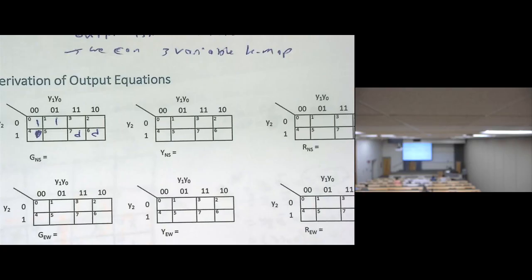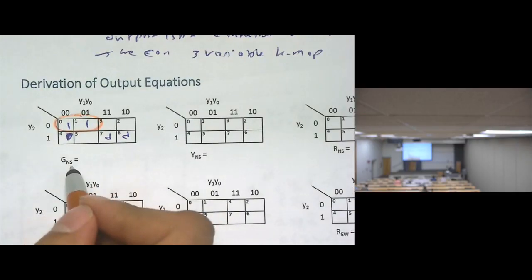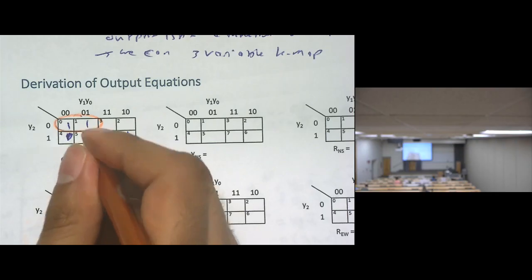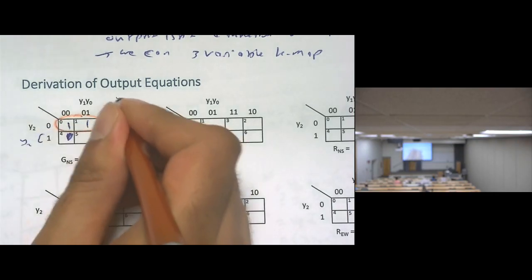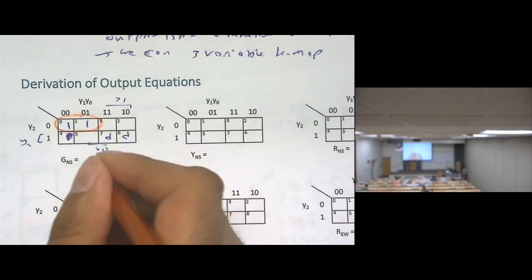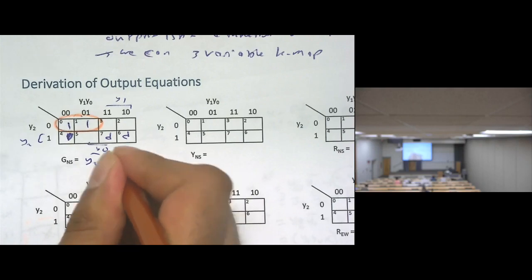So basically, we can say that this is the loop. And what does GNS equal? This is Y2, here is Y1, here is Y0. So it's going to be Y2 bar, Y1 bar, right?